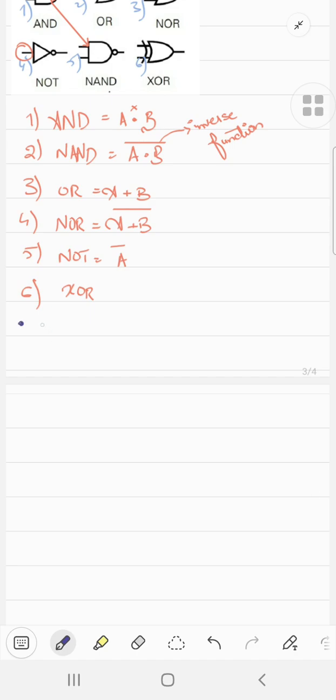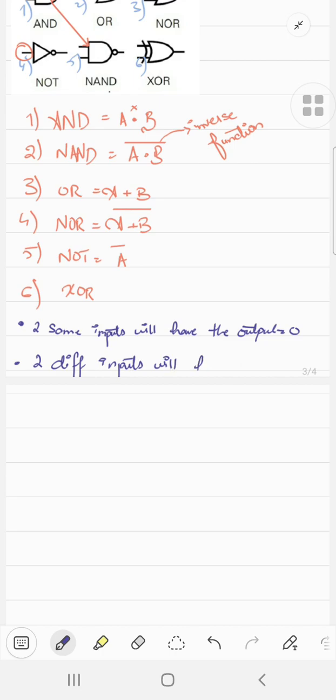Two same inputs will have the output 0. Two different inputs will have the output 1. I'll show you how it happens.